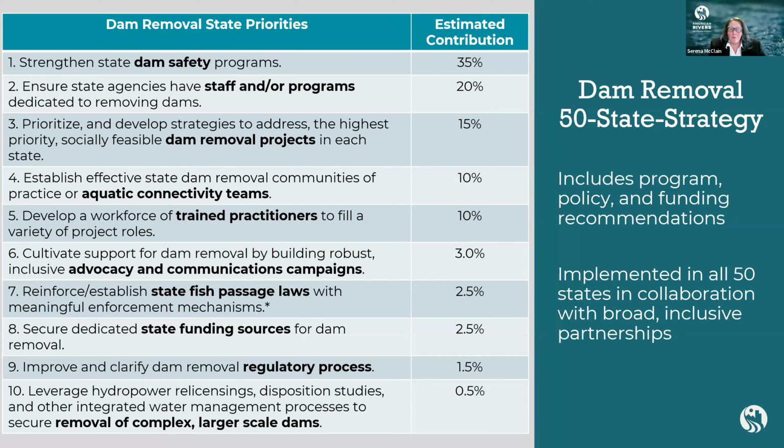And one of the reasons why it's lower on the list, and we don't contend that it could have a more significant impact, is that what we've seen is that state fish passage laws are most effective when they're coupled with strong state agency leadership and or a robust movement, right? A community of practice, a group of partners willing to litigate.